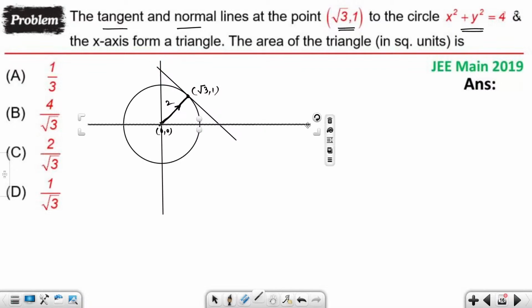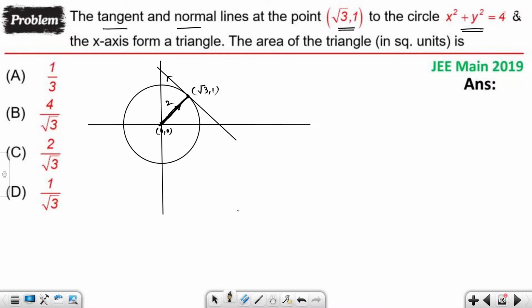I have to draw this circle because they have said that the triangle is formed with the x-axis. So well, this is the tangent, and definitely this is the normal, right? This is the normal. Why? Because it is perpendicular to the tangent, hence it is normal, meaning it is passing through the center of the circle. In this case, it is the origin.